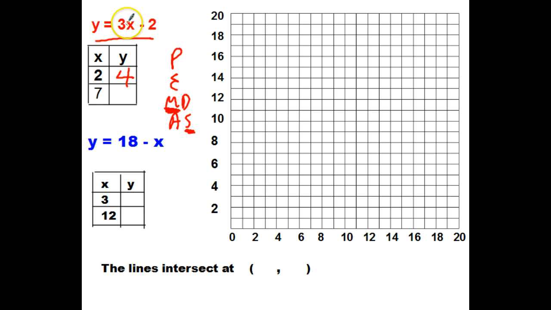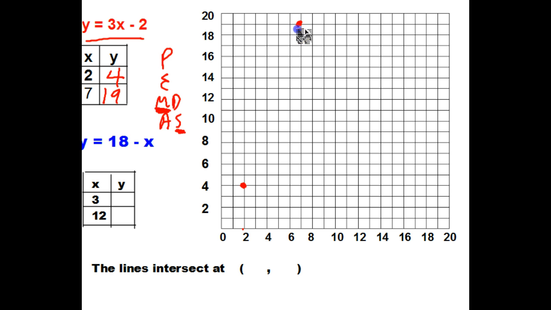Put the 7 in for x. 3 times 7, 21. 21 minus 2 is 19. So I have my first point at 2, 4: 2 to the right and up 4. And 7, 19: 7 to the right and 1 from the top right there. Connect the points.